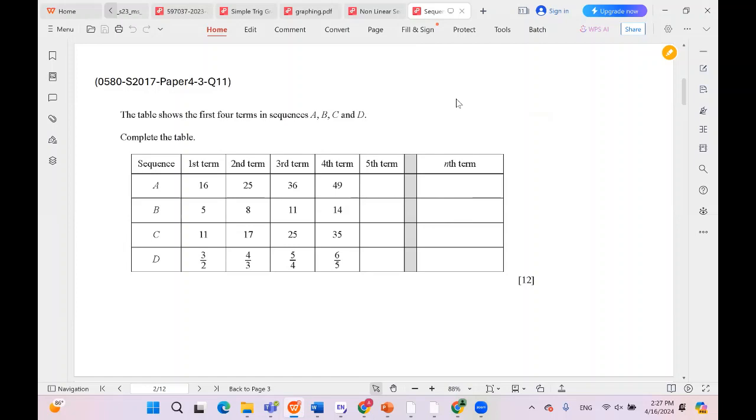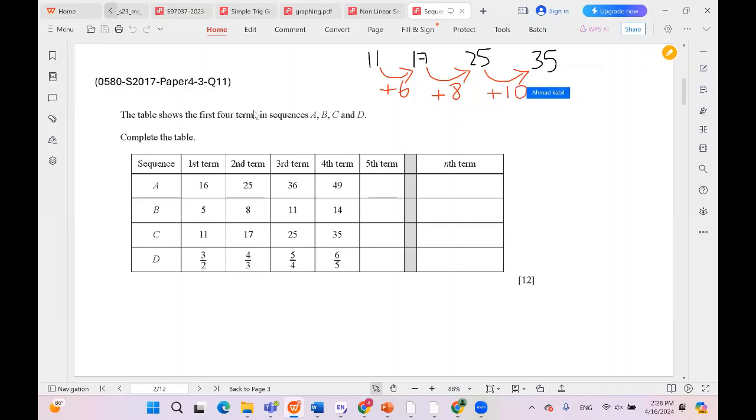Next, we have a sequence 11, 17, 25, 35. So let's write that down and attempt to analyze it. We have 11, 17, 25, and 35. So to go from 11 to 17, we do plus 6. 25 minus 17 would be 8. 35 minus 25 is 10.